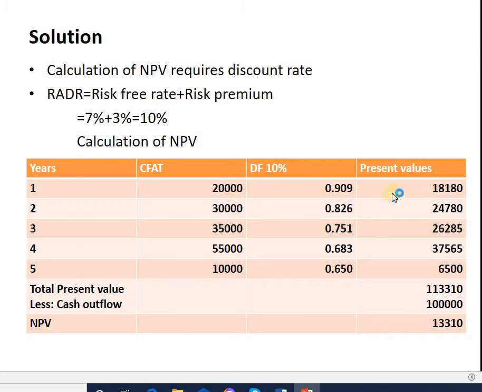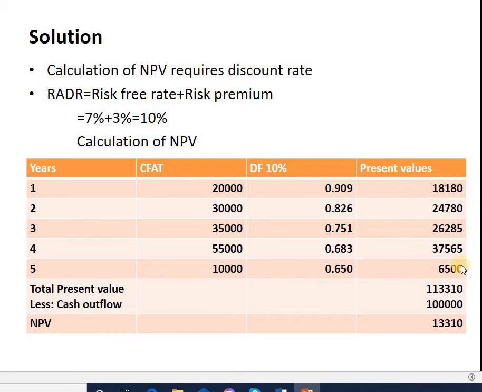So we multiply: 20,000 into 0.909 is 18,180, 30,000 into 0.826 is 24,780, 35,000 into 0.751 is 26,285, 55,000 into 0.683 is 37,565, and 10,000 into 0.650 is 6,500.